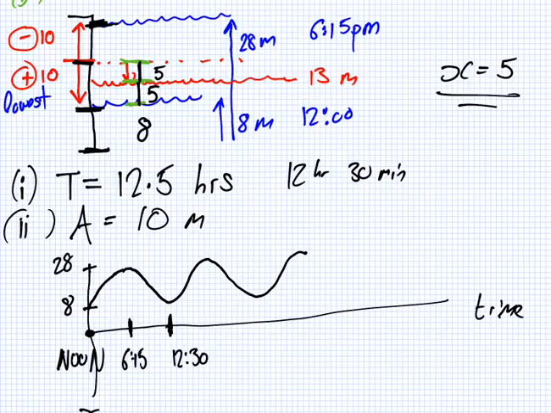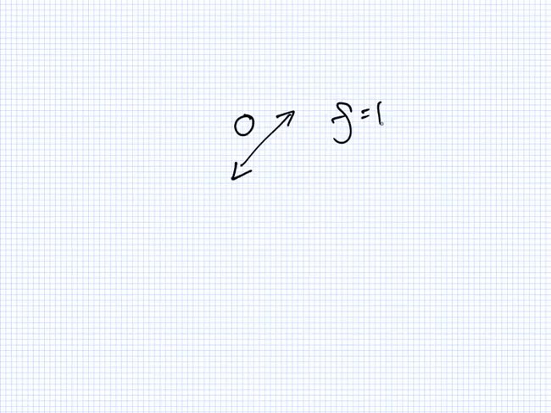Okay, so what's happening for this last part? Let's see what it says. A ship needs 13 meters of water to enter the harbour as soon as possible that afternoon.